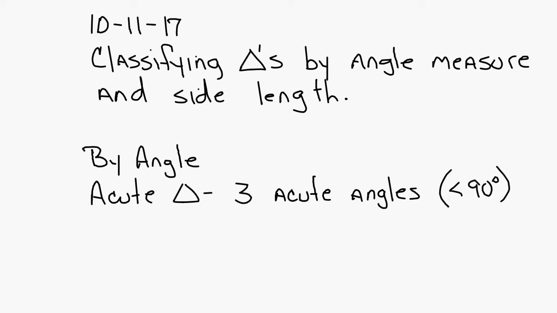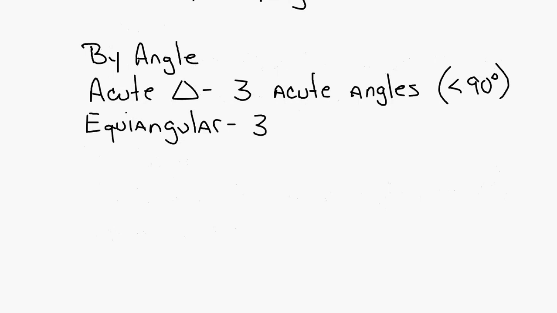So it's got three of them. Second type of triangle is what's called equiangular. In an equiangular triangle, the triangle has three congruent angles.